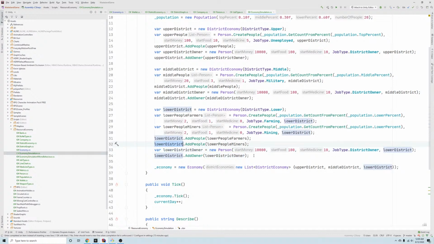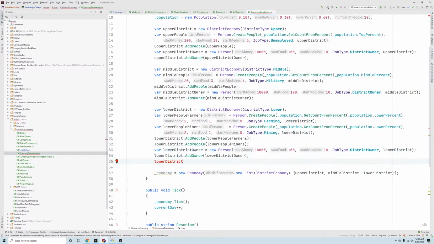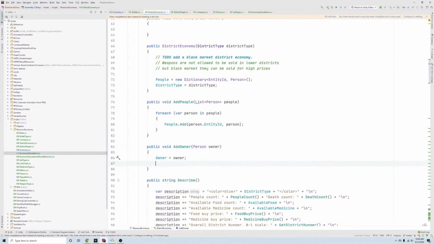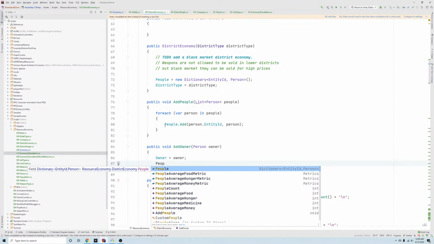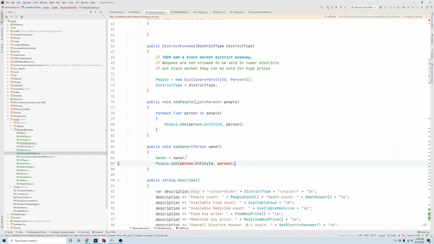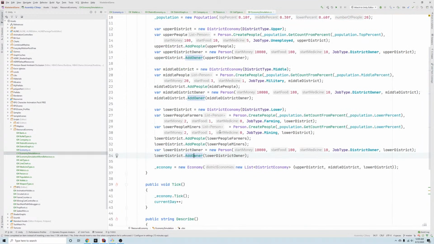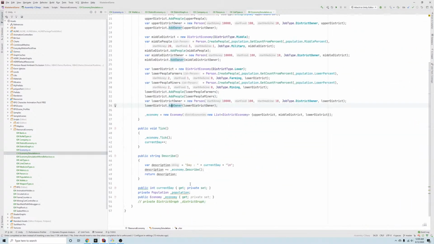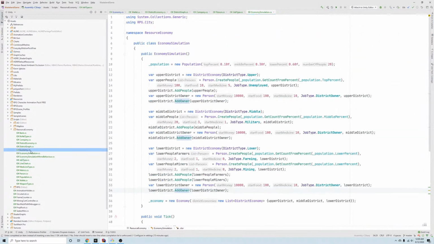And I also need to add this function here should also add the person to people as well. So they're part of the district and they get updated every loop. And they have to eat food and stuff. So I think everything should work.